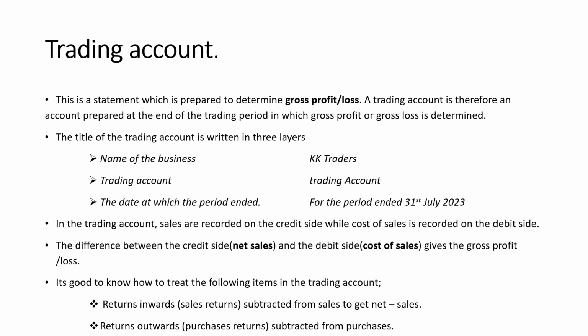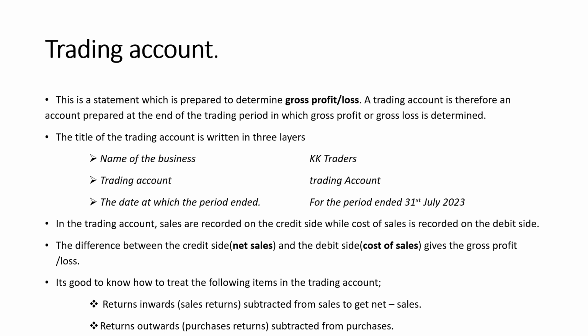Now, that period will be stated in the question. They will tell you that you are required to prepare a trading account for the period ended at a given date.